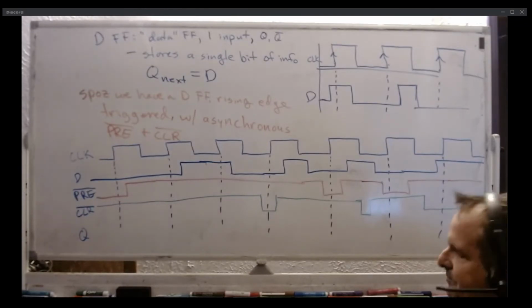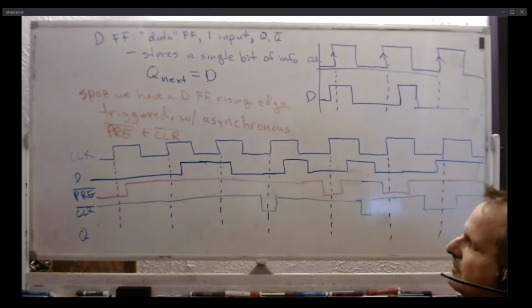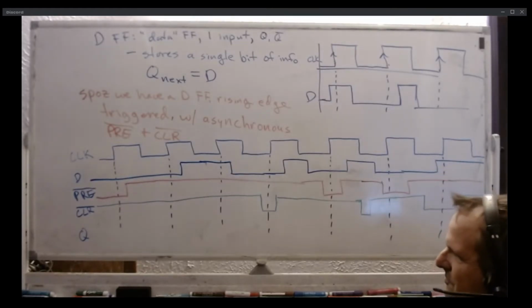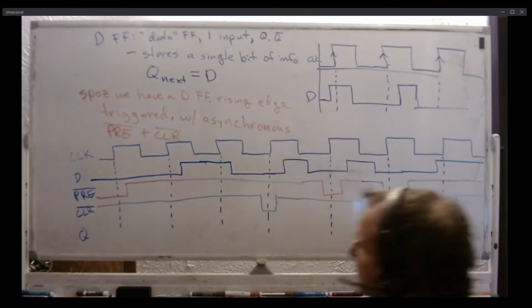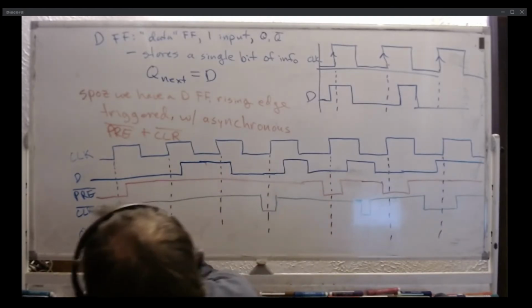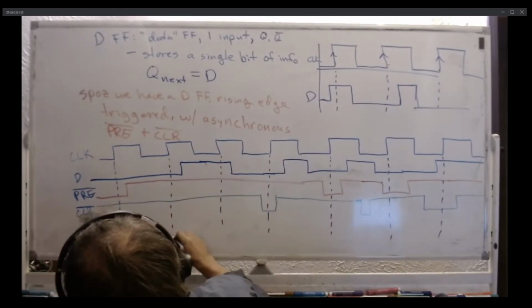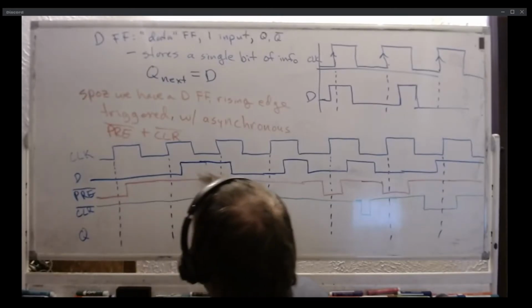Why? Oh, I suppose preset, clear is active high. Somebody said something about preset. Preset is active low, so preset is active at the very beginning, is it not?